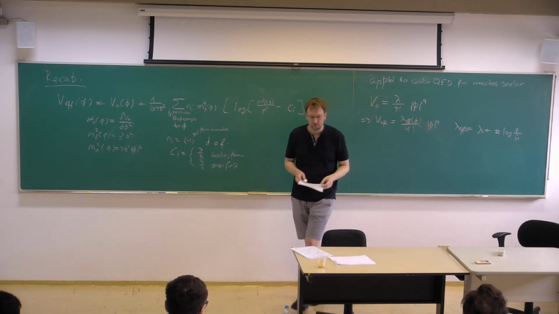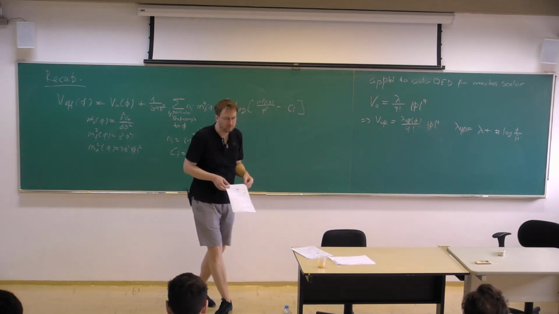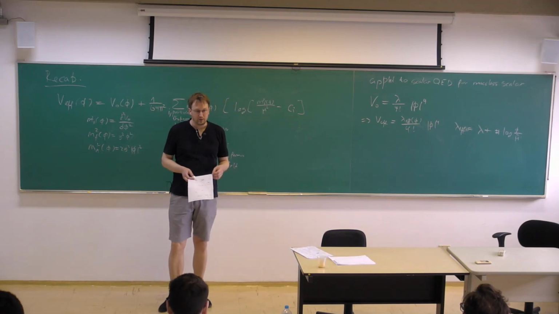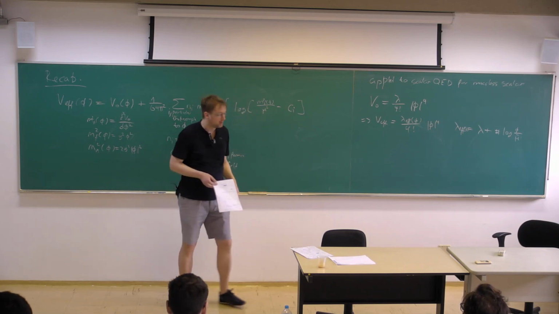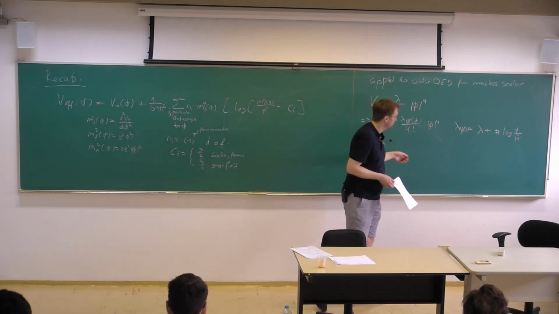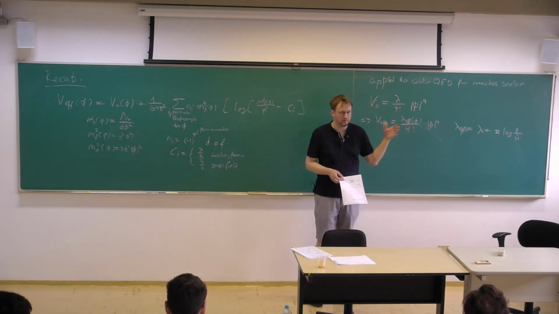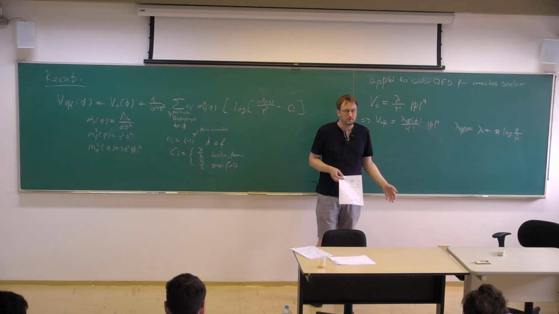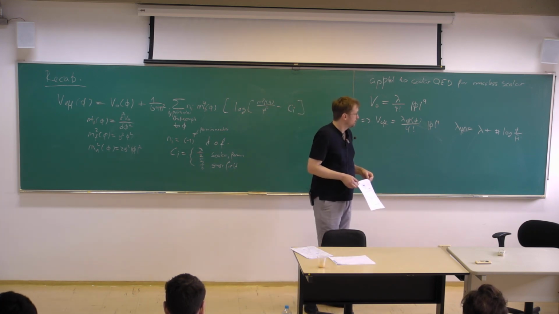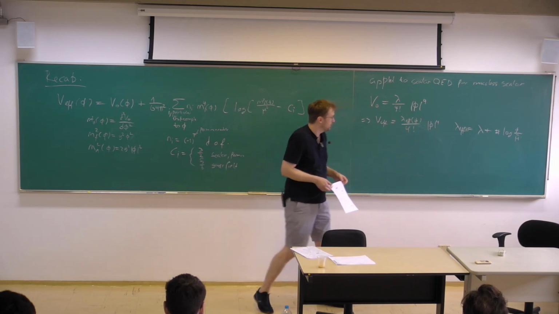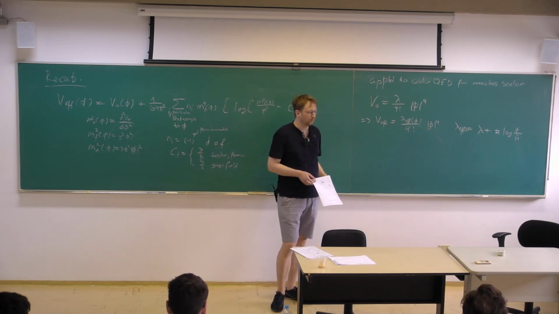And that's essentially exactly the same as a running coupling that you know from scattering experiments, where you have to evaluate the coupling at different energy scales. Here, in the effective potential, you just evaluate at different field values. It's also intuitively not so far-fetched, because the field value is essentially an energy scale.